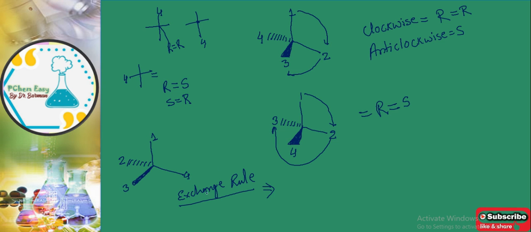So in that case, if it is not in dash bond or wedge bond, what will we have to do? We will have to do even exchange. It means we have to do two-time exchange.